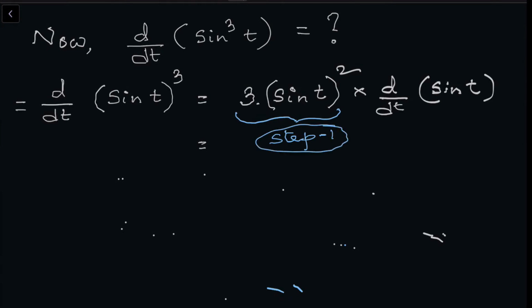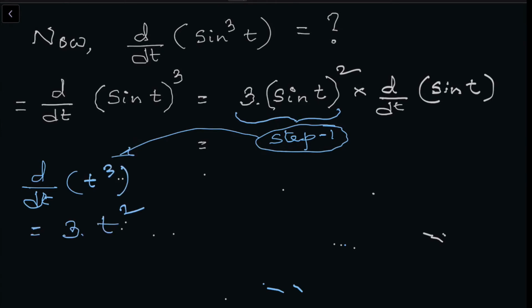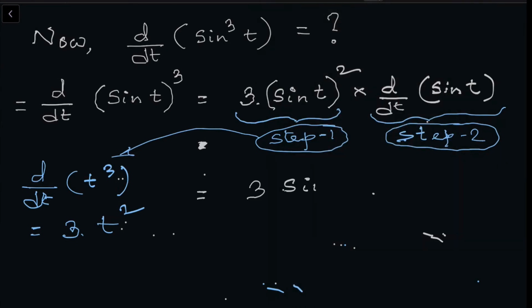So this part is easy. Step 1, you can match it with step 1. And in step 1, we knew that d by dt of, suppose, t to the power 3 should have been 3t square. Now the second part, that is step 2, that is d by dt of sine t. So 3 sine square t into d by dt of sine t, which will become cos t. So we can write the answer here.